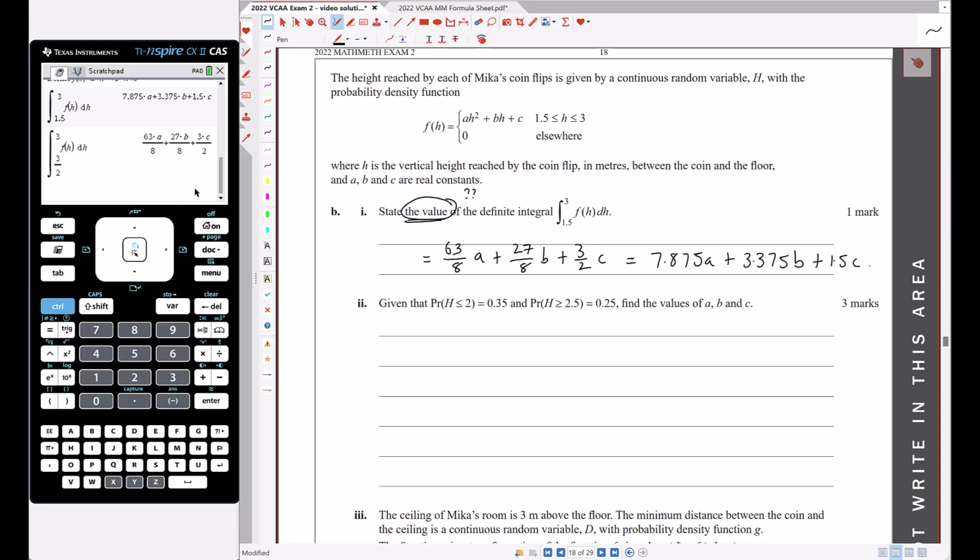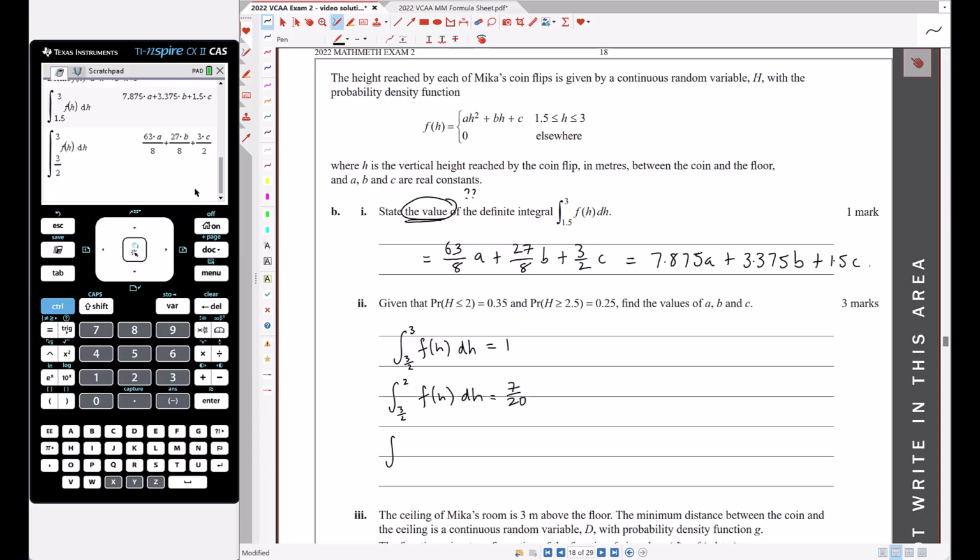So we know that the integral from 3 on 2 to 3 of f of h dh has to be 1. We also now know that the integral from 3 on 2 to 2 of f of h with respect to h has to be 0.35, so that's 35 on 100, which is 7 on 20.